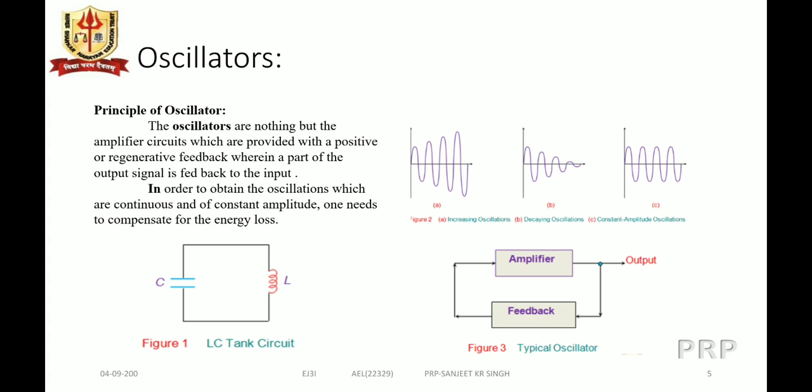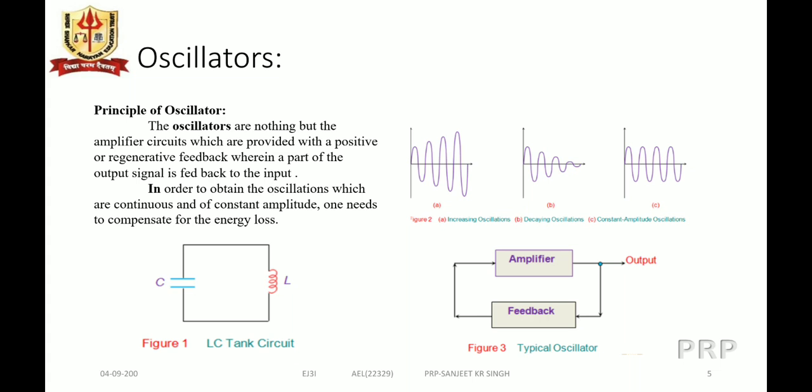There are three cases of oscillations produced. When the energy provided externally is more than the energy that is lost, we see increasing oscillation. If the energy provided is less than the energy dissipated, there is a decrease in the amplitude with respect to time.